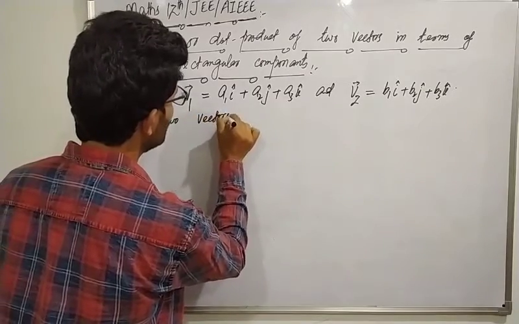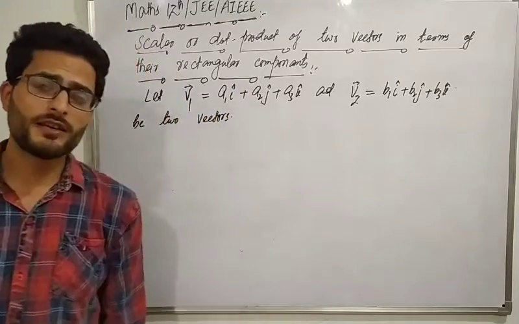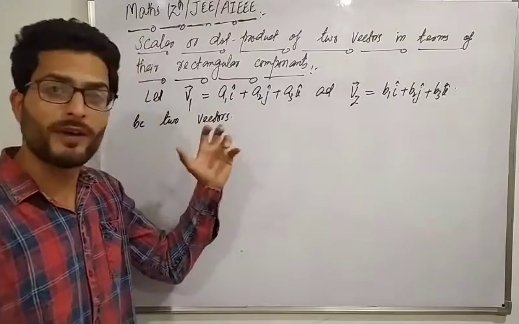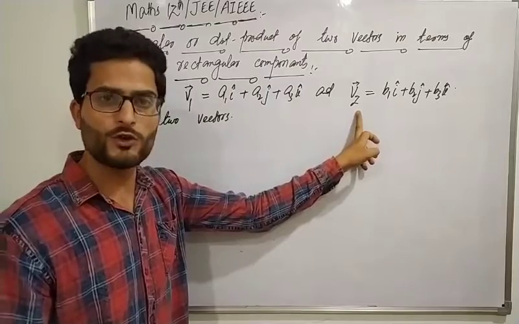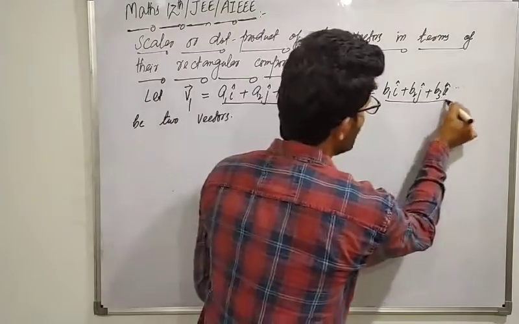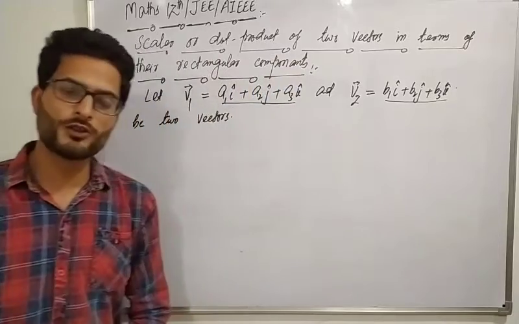So we have two proper vectors, v1 vector and v2 vector, which have been expressed in terms of their rectangular components, means they are being resolved in space.